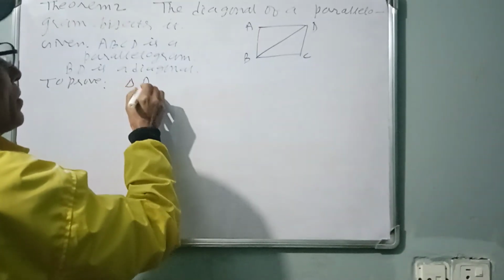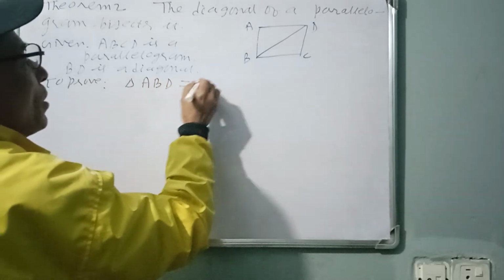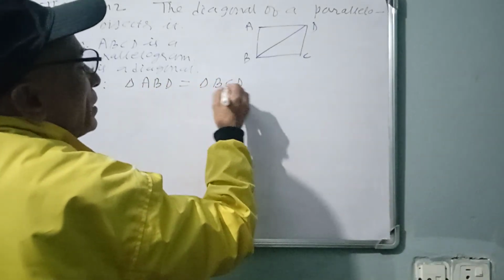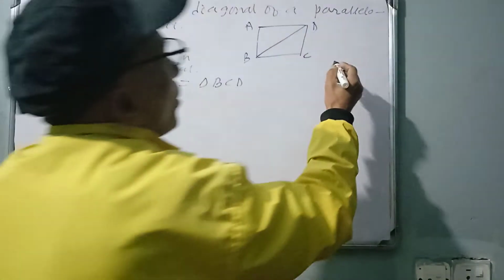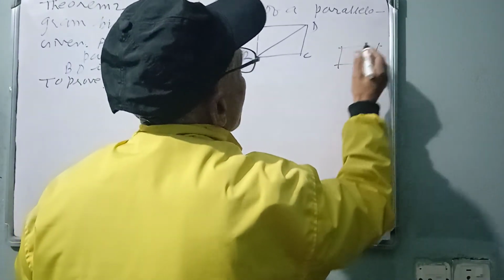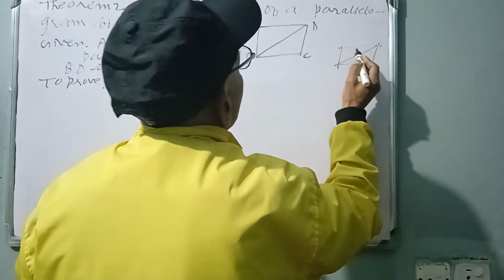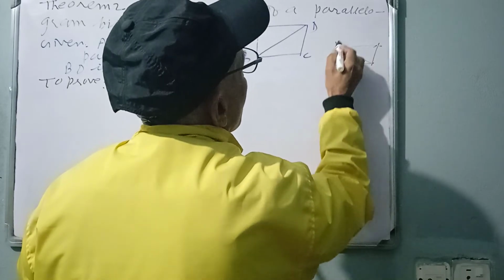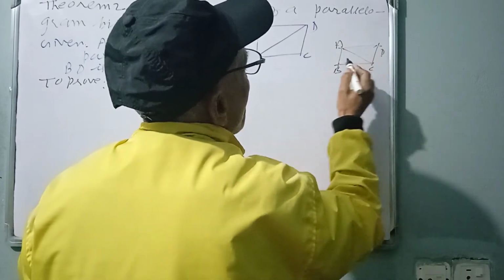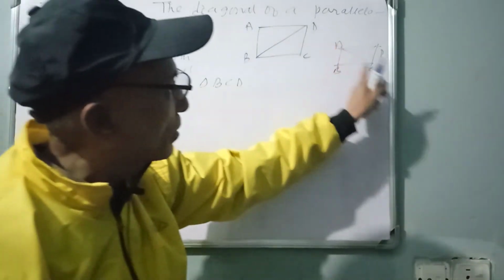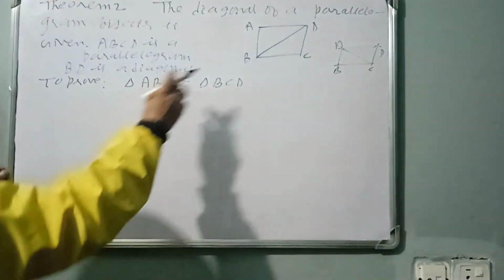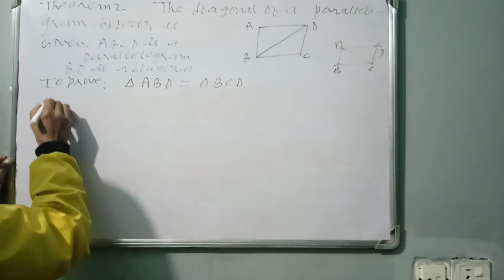That means triangle ABD equals triangle BCD in area. If you draw another diagonal, you can prove that triangle ABC equals triangle ACD also. But here one is enough to prove. No construction. Proof.